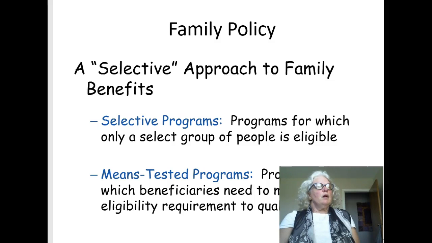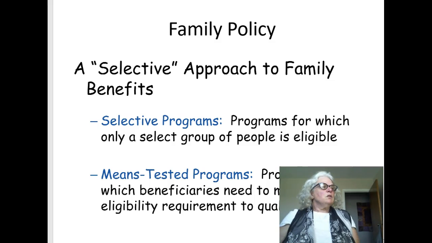Selective programs are those for which only a few or a select group of people is eligible. So we see these coming into place based on who you are and where you live, and eligibility can be very, very localized. And then we also have means-tested programs, for which the beneficiary needs to meet some eligibility requirement to come into place in family policy.